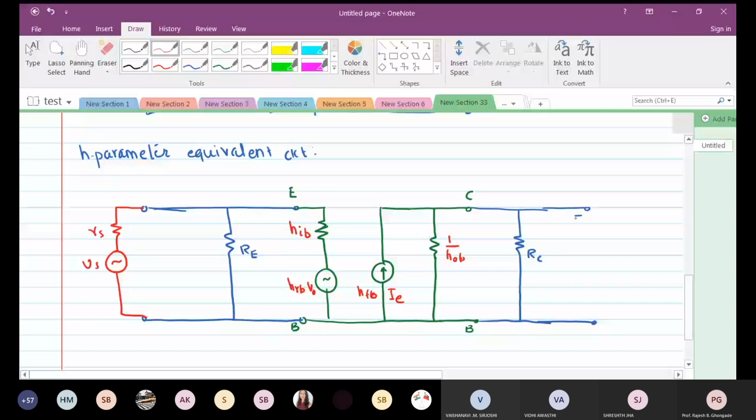RL. This is going to be the collector current. This is going to be the emitter current. This is going to be the source current. This is where I get VI. This is where I get VO.